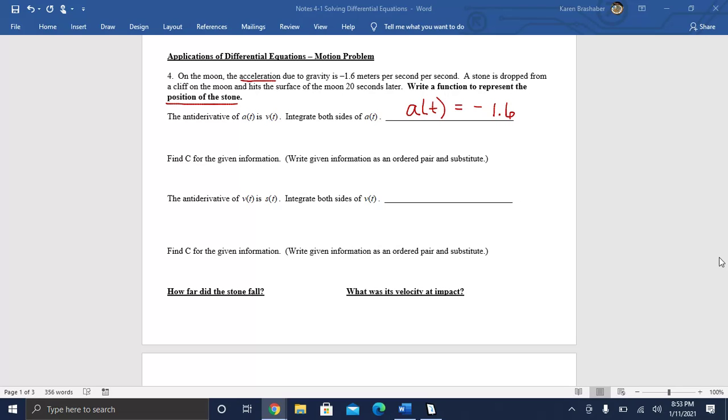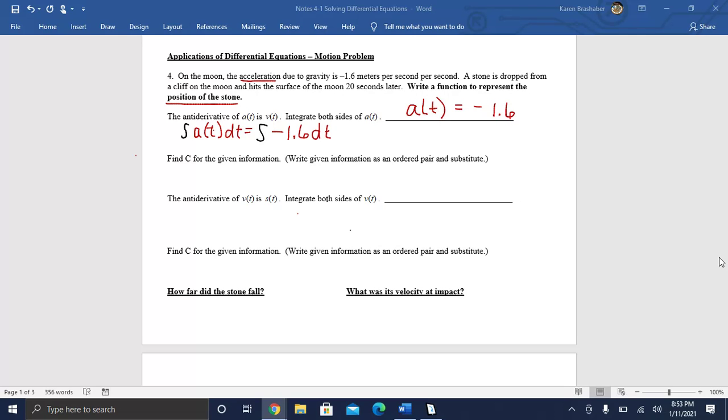So we will integrate both sides of that equation. So the antiderivative of a of t dt would be equal to the antiderivative of negative 1.6 dt. So I'm just integrating both sides of that acceleration function.